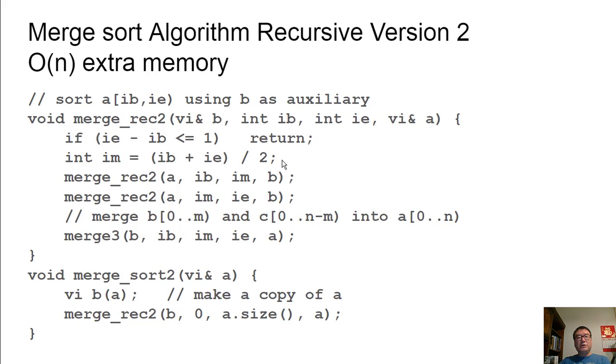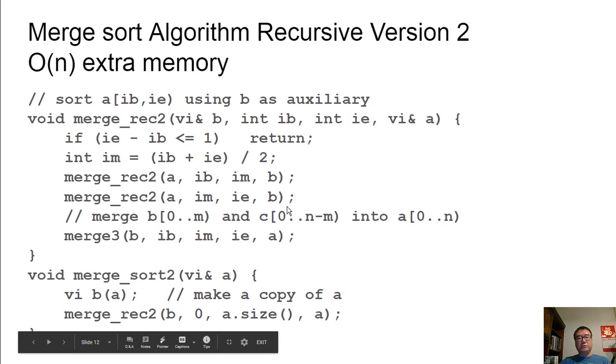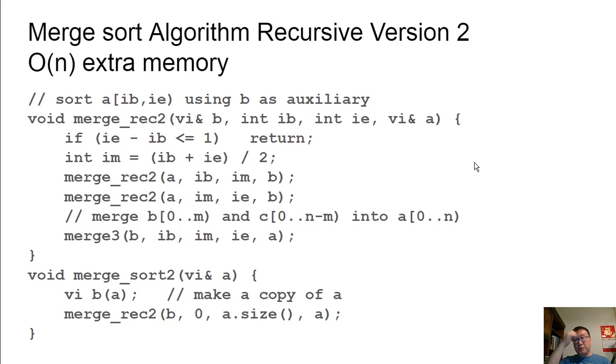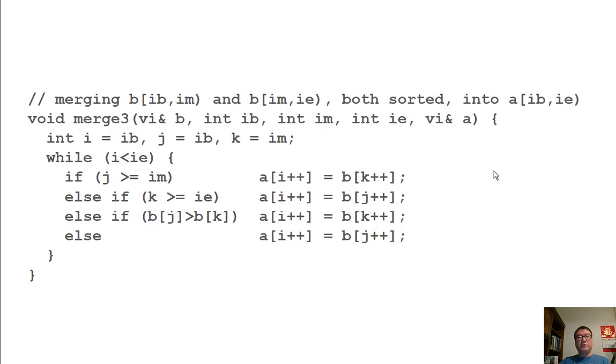So this code ensures that even though different portions may start at different places, in the end they will all end up synchronized, so that the last step is merging two halves from B into A, and so we're done. So this is a recursive version of merge sort using big O of N extra memory.